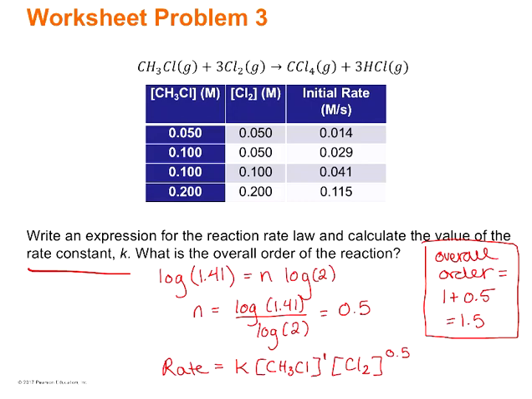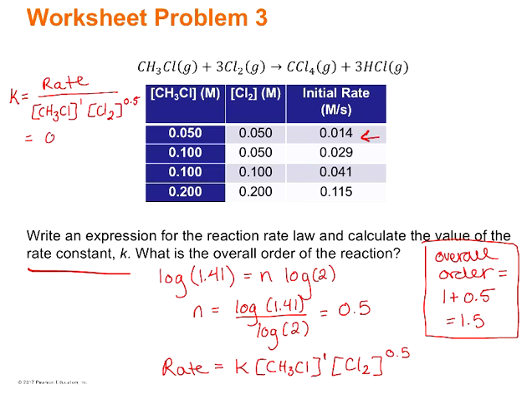Okay, so we need to solve for K, so I'm going to rearrange that equation that we just wrote. So K is equal to the rate over the concentration of our first reactant to the power of 1 times the concentration of our second reactant to the power of 0.5. So we can choose really any data point. Let's see, I'll just choose the first row of data.